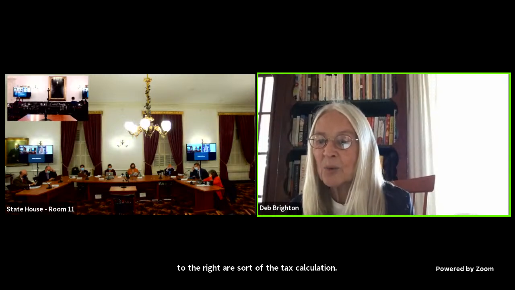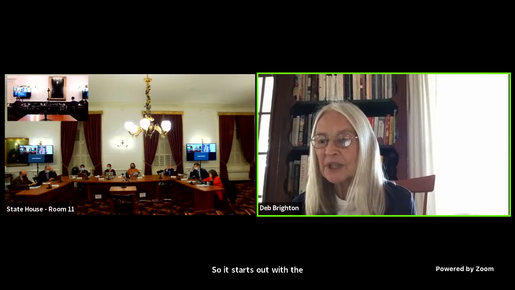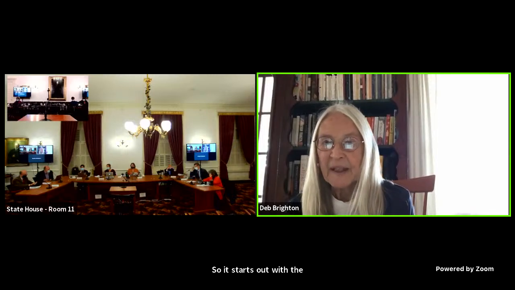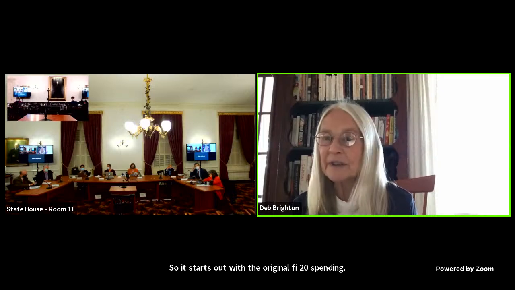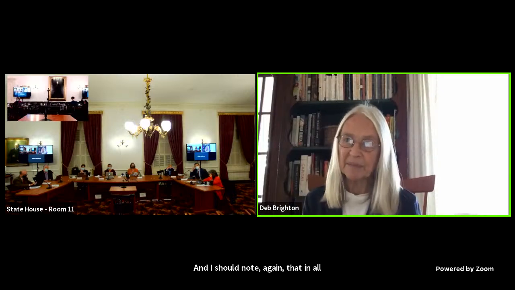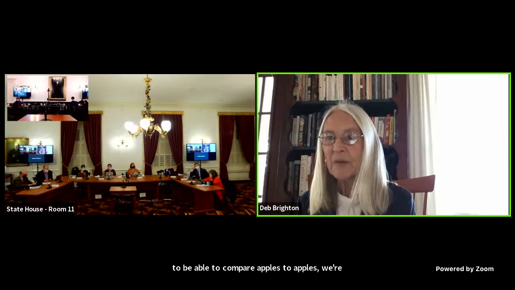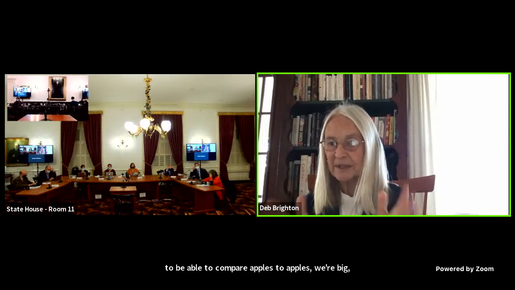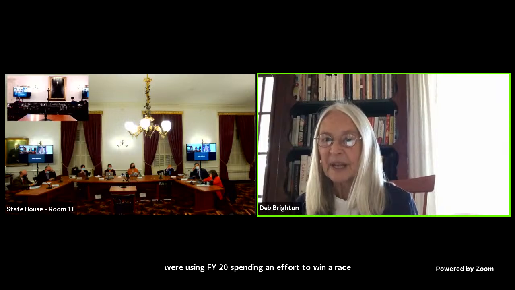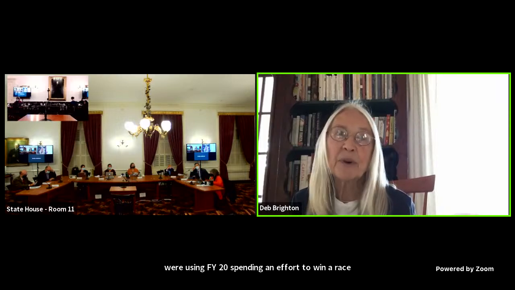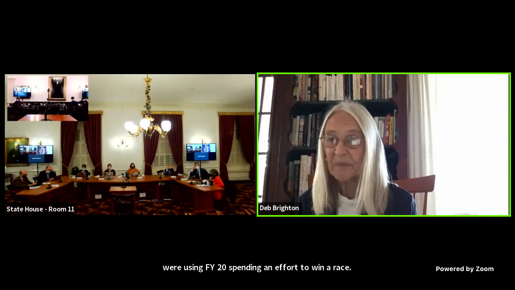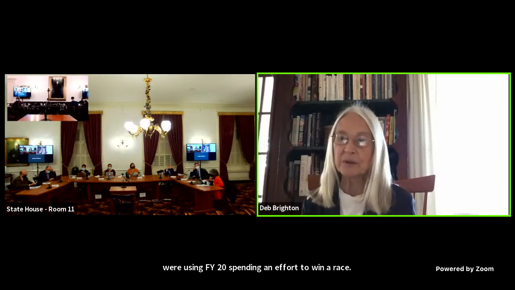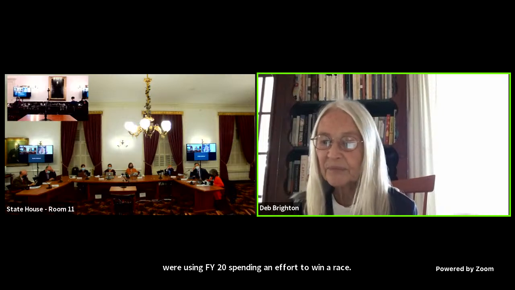So it starts out with the original FY20 spending. And I should note again that in all of these, in order to be able to compare apples to apples, we're using FY20 spending and FY20 rates. And as Senator Hardy pointed out, it's not to say that this is the right spending, but it just enables us to use real numbers to compare.